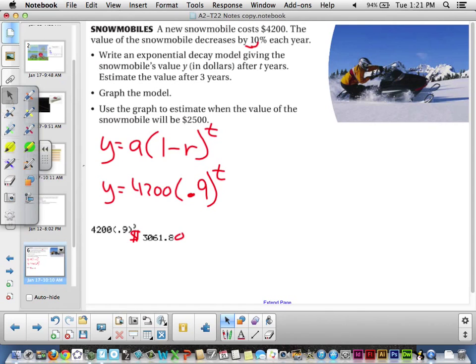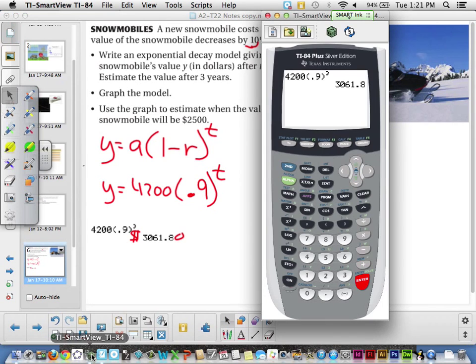If we're going to graph that, we'd graph our equation: $4,200 times 1 minus 0.1, or 0.9, to the x. Think about our window. T is represented by x.